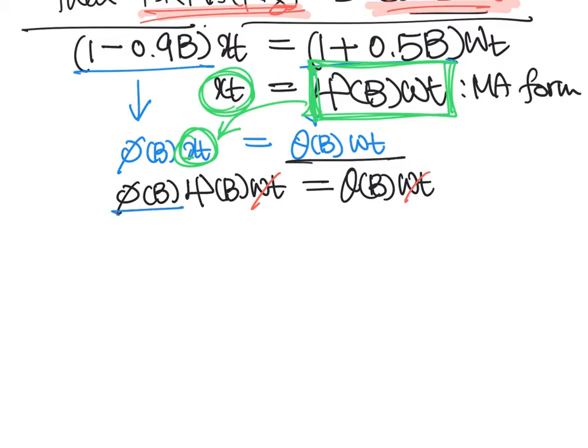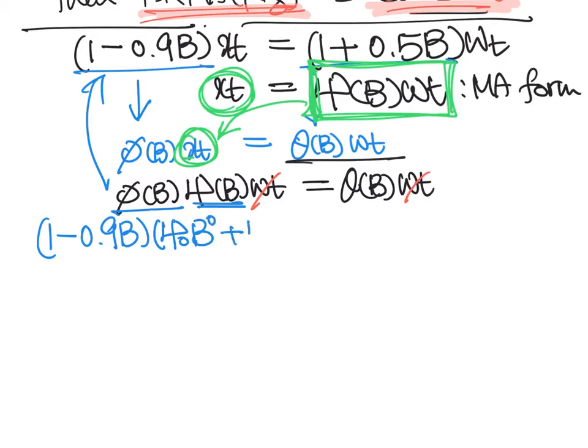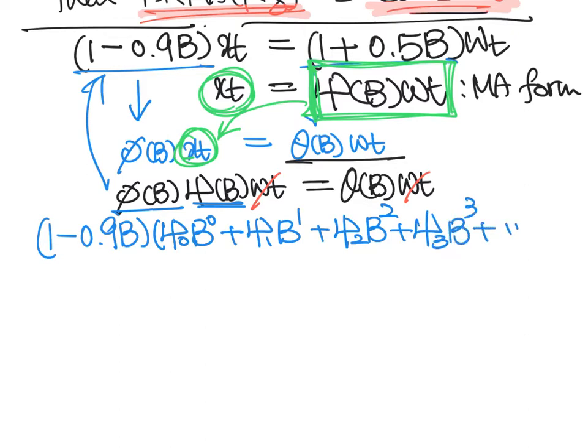The phi(B) was, again here, up here, 1 minus 0.9B, and the big phi was big phi 0 B0, big phi 1 B1, big phi 2 B2. Let me take one more. It's big phi 3 B cube, infinite, equal to theta(B) was this.